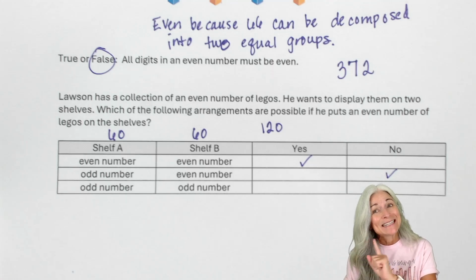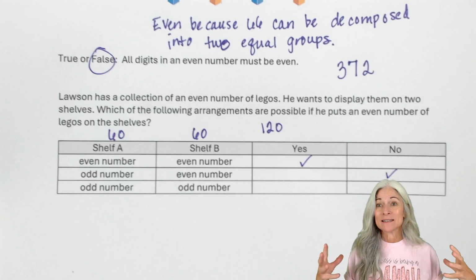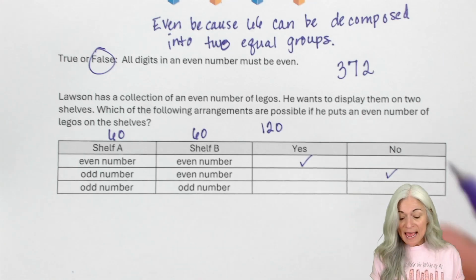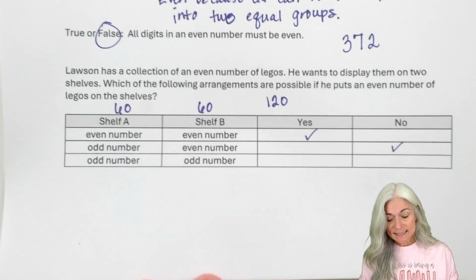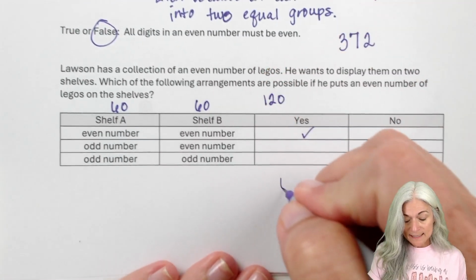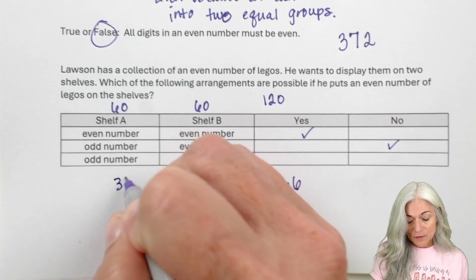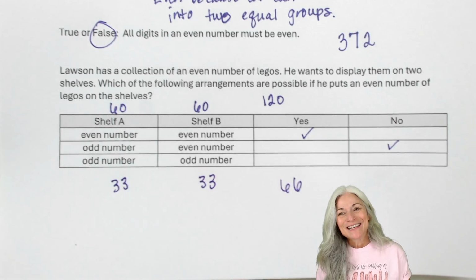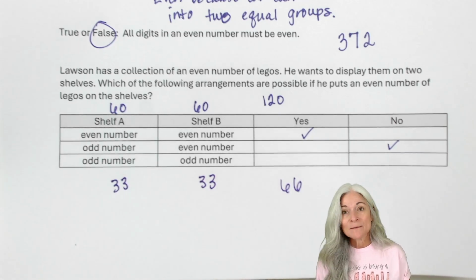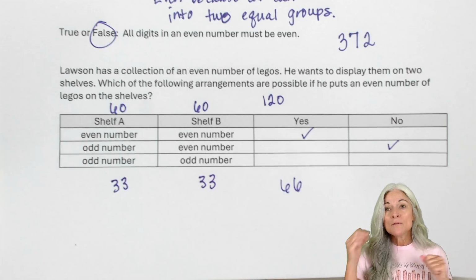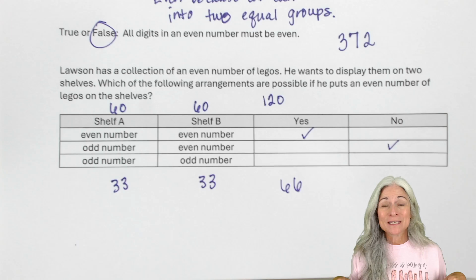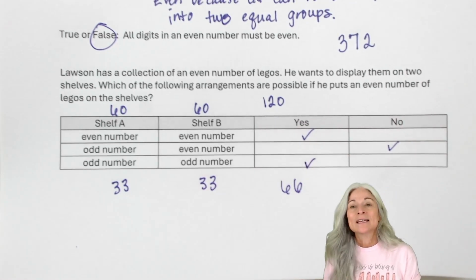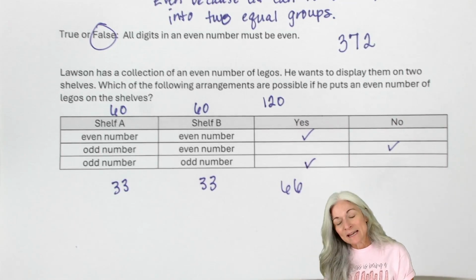Yes, because by the definition of an even number, it can be decomposed into two equal numbers. What if he had 66 Legos? He could put 33 on one shelf and 33 on another shelf. So an even number can be decomposed into two even numbers, or into two odd numbers. What it cannot be decomposed into is an odd number and an even number.